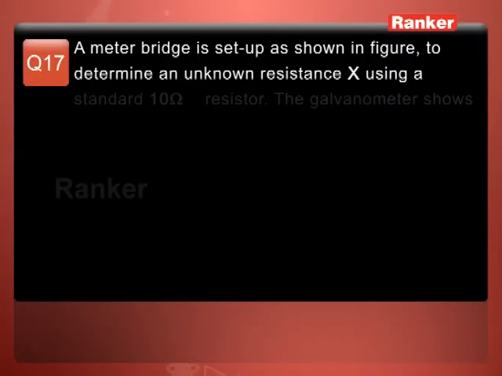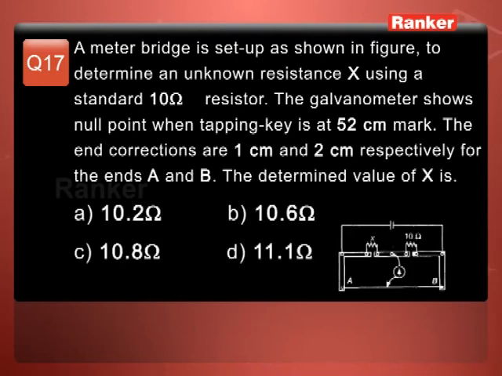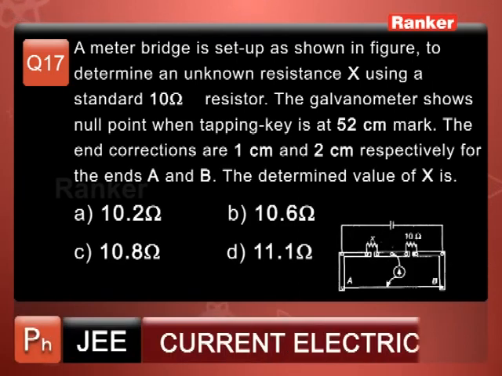Let us just take up problem number 17. This is also a problem based on meter bridge only. Let me read out the problem. A meter bridge is set up as shown in the figure to determine an unknown resistance X using a standard 10 ohm resistor.